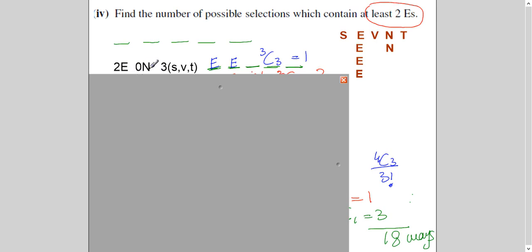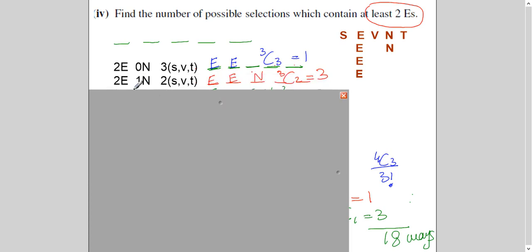The first case is 2E 0N. So 2E spaces are taken up, 3 spaces are left. And from the letters S, V, T, all 3 will come here because I'm saying 0N, no N will come here. So 3C3 is 1. Or I will take 2E with 1N. If it is 1N, then only 2 spaces are left, this one and this one.